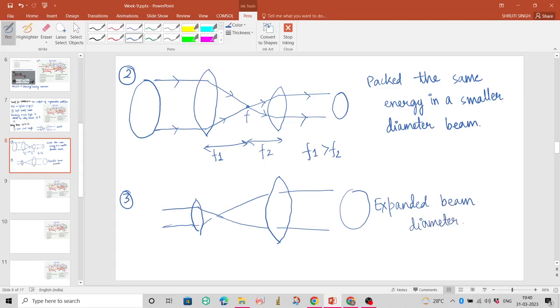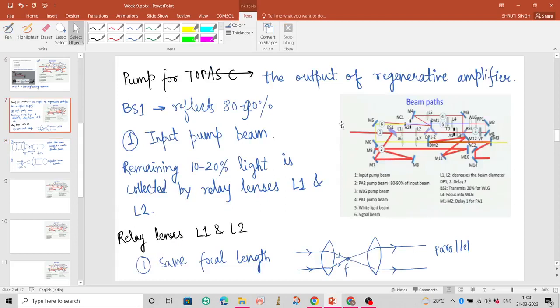So here the first one, F1, is smaller than F2. So in this case, we have L1 of bigger focal length than L2.